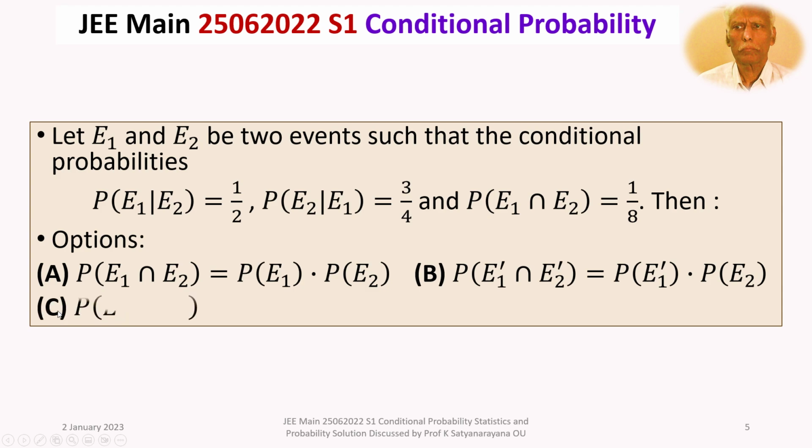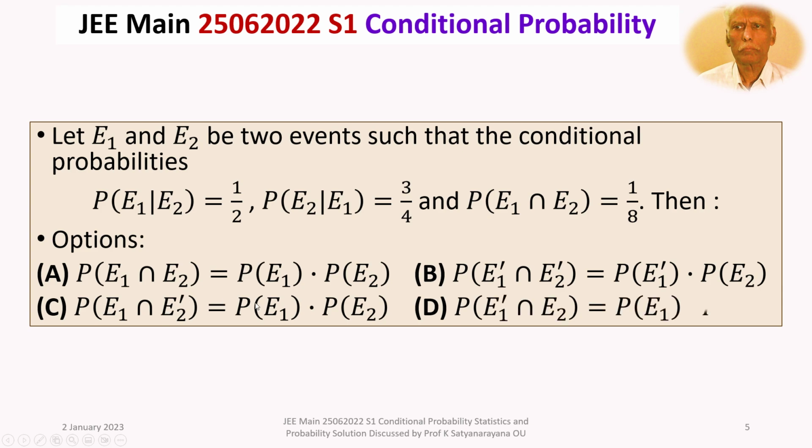Option C, probability of E1 intersection E2 complement is equal to probability of E1 multiplied by probability of E2. Option D, probability of E1 complement intersection E2 is equal to probability of E1 multiplied by probability of E2.